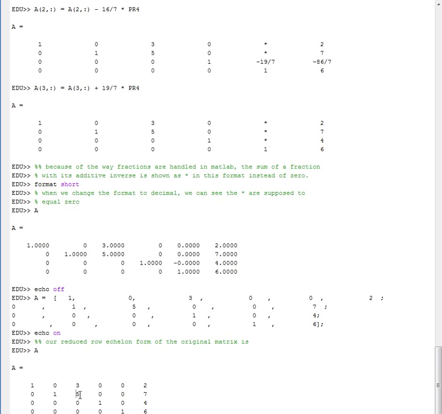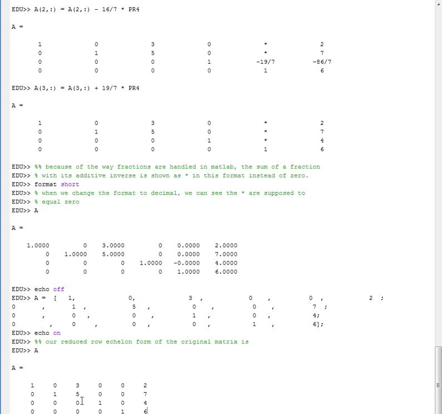Column 3, there is no pivot, so that requirement does not apply. Column 4, pivot here, zeros everywhere else. Column 5, pivot on here, zeros everywhere above it. And again, the last column, there is no pivot, so that requirement does not apply. So we've checked the second property is satisfied.